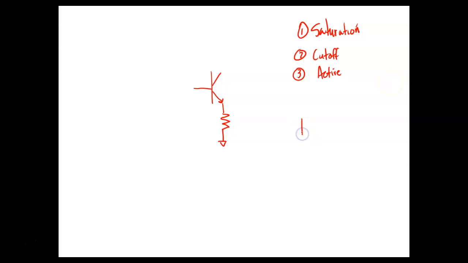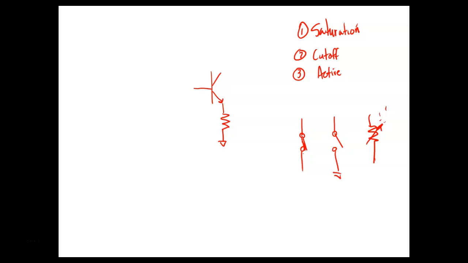So cut off, it acts like one of these guys. Saturation, it acts like one of these guys. Active, it acts like one of these guys. So for switches, we switch them between saturation and cutoff. That's what we do for a switch. This is analog, guys, when we run it as a rheostat.